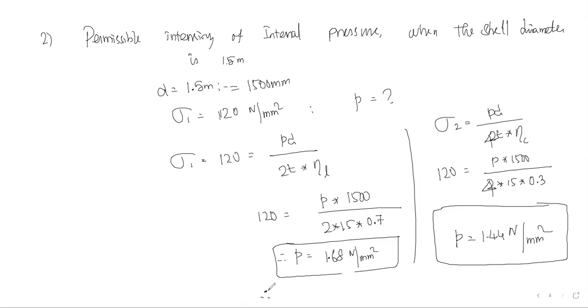Therefore, pressure intensity P is equal to the minimum value, 1.44 Newton per mm square. So this is the answer for the second question. Okay, thank you all.